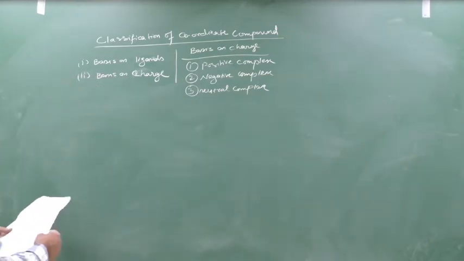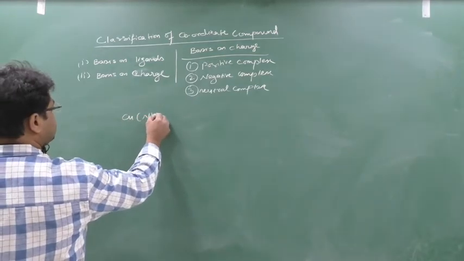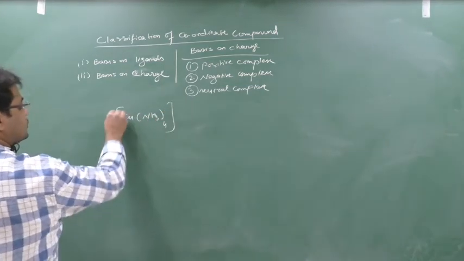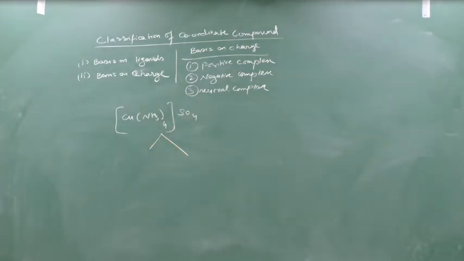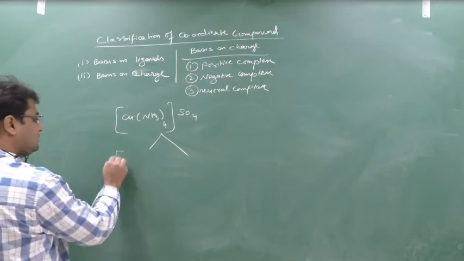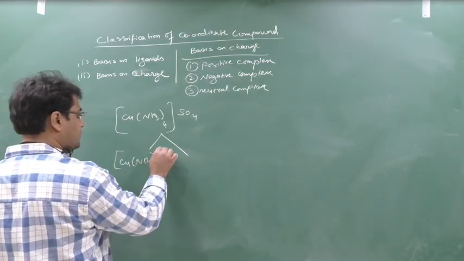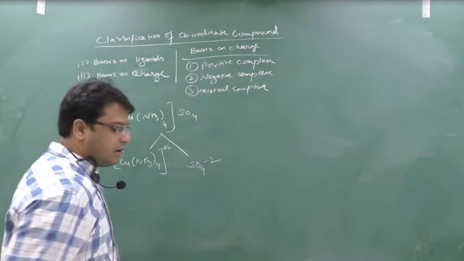I will give you one example. If I take Cu(NH3)4 SO4 and dissolve it, it will get ionized. It will form [Cu(NH3)4]2+ and SO4 2-.